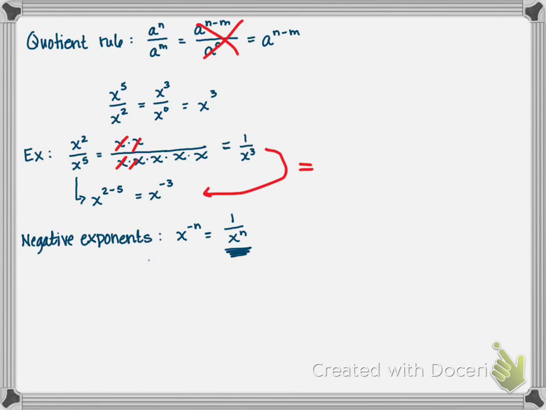So for instance, if I have 3x to the negative fifth, remember that x to the negative fifth means to divide by 5 factors of x. So what should that be equal to? Don't worry about the 1.